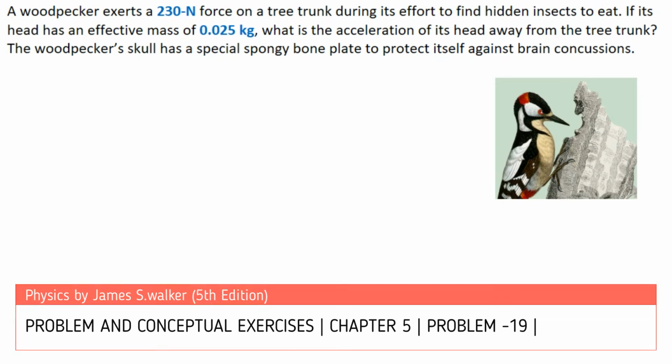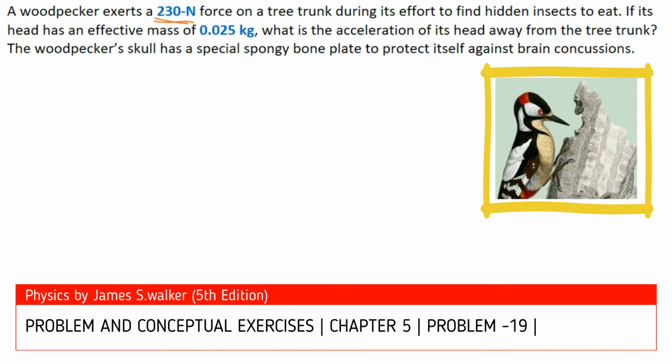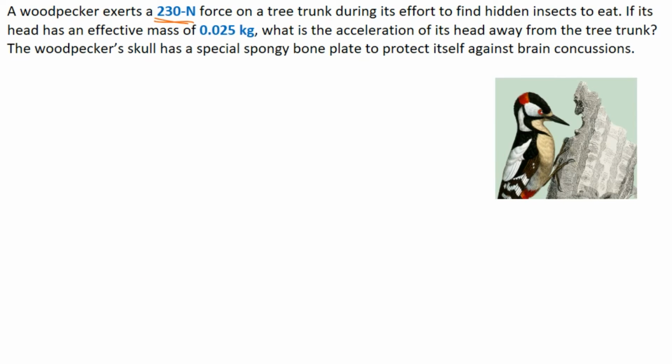In this question we are given a woodpecker that exerts a force of 230 newtons on a tree trunk to find the hidden insect to eat. Its effective head mass is 0.025 kgs. We need to find the acceleration of its head away from the tree trunk. So basically we have to find the acceleration.